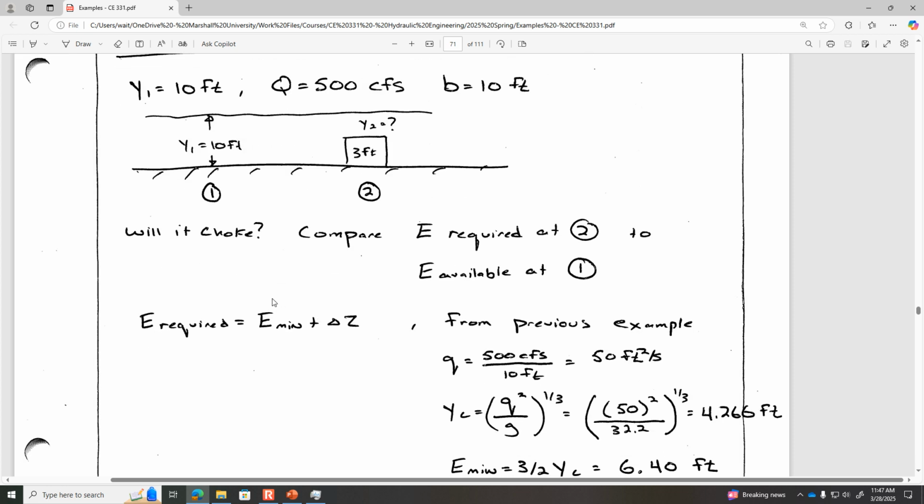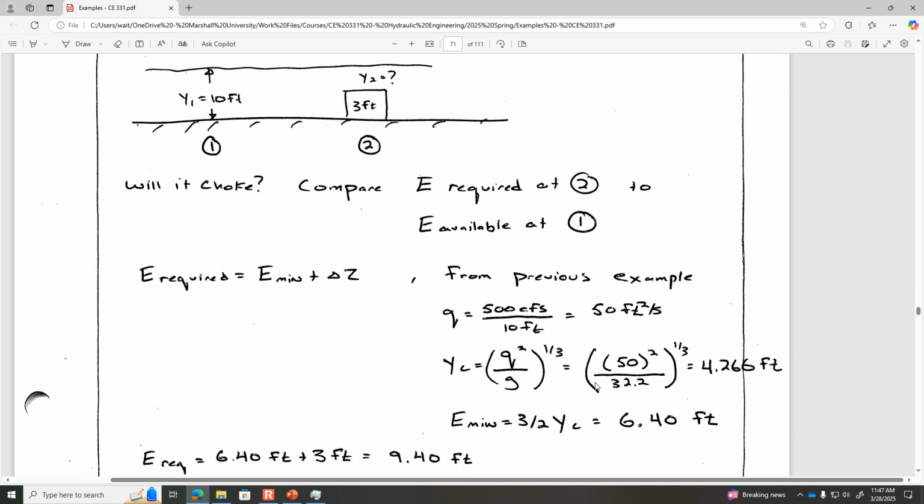All right, so the required is the minimum specific energy plus the delta Z. That's the minimum amount of energy that's required at 2. And so the minimum amount of specific energy that would be required at 2 would be 9.4 feet, because the least amount of energy would be if the flow was going at critical conditions over the obstacle at 2.